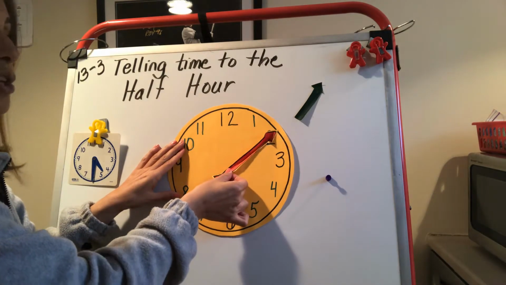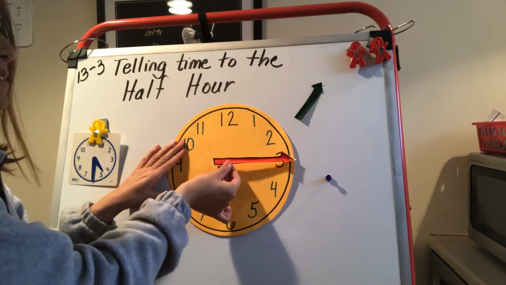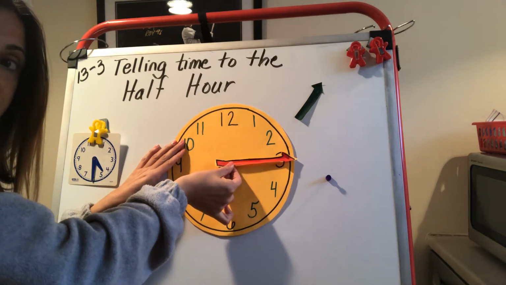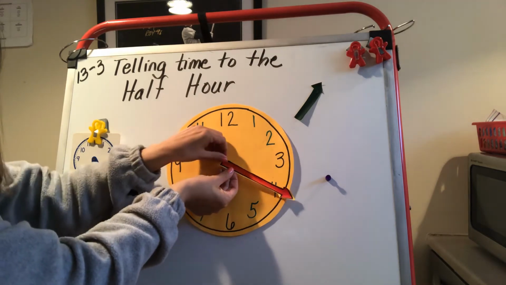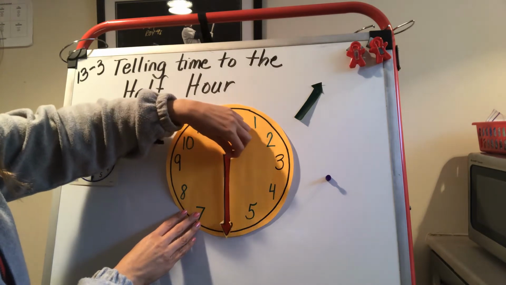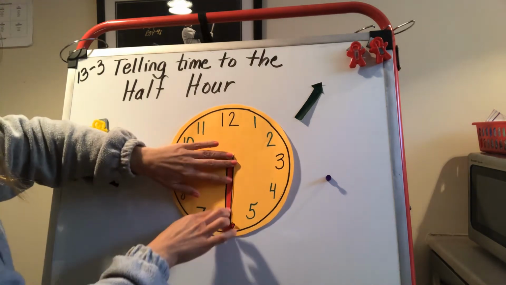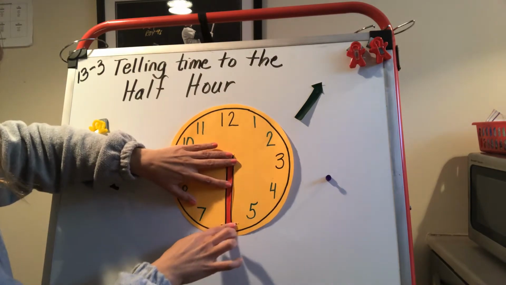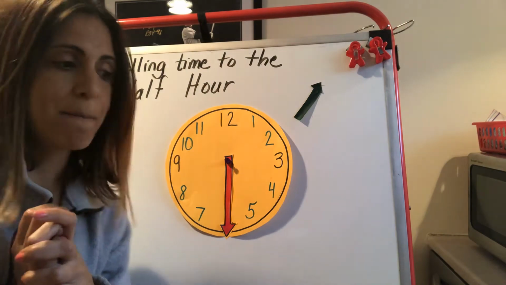When it gets to the 2, 10 minutes went by. When it gets to the 3, 15 minutes went by. 20 minutes, 25 minutes, 30 minutes. When the minute hand points to the 6, that means 30 minutes went by.